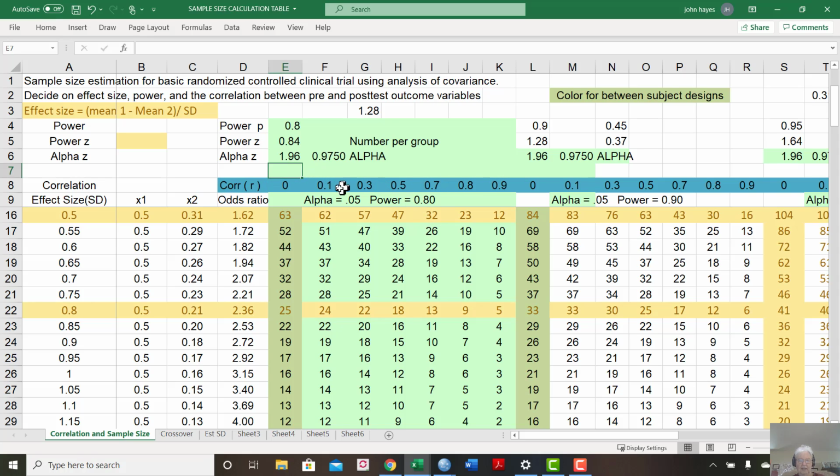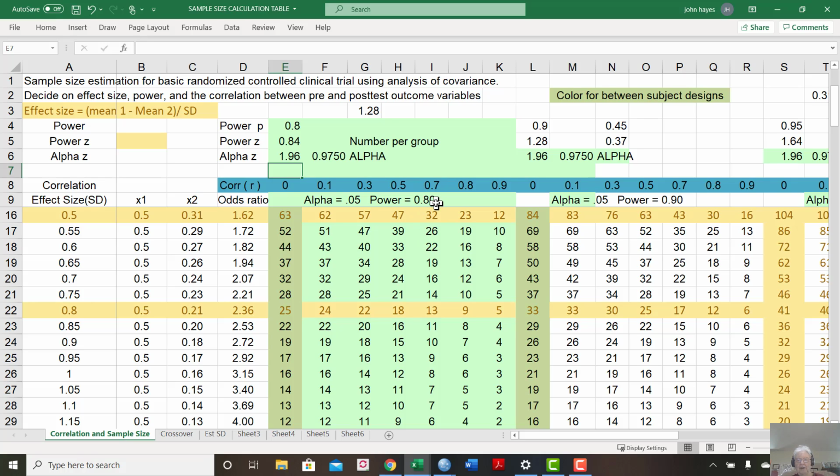So you could be correlated 0.1 between baseline and follow-up, 0.3, 0.5, 0.7, 0.8, 0.9. So we're going to go with 0.7, and if 20 per group, that gives us right here. So we could have an effect size of 0.65 with 20 per group with a power of 0.8.